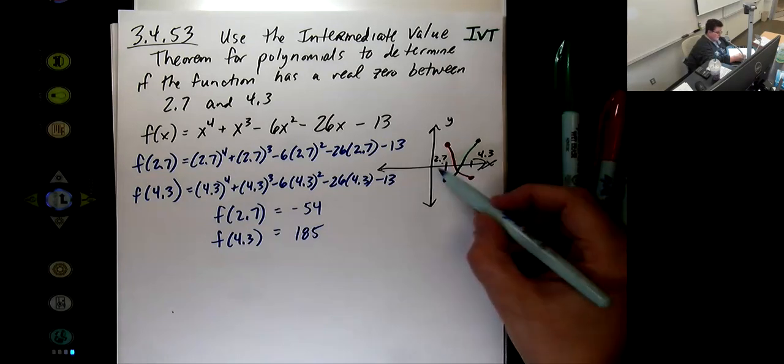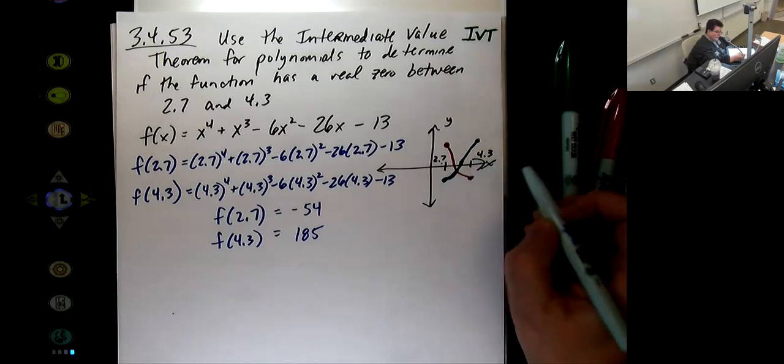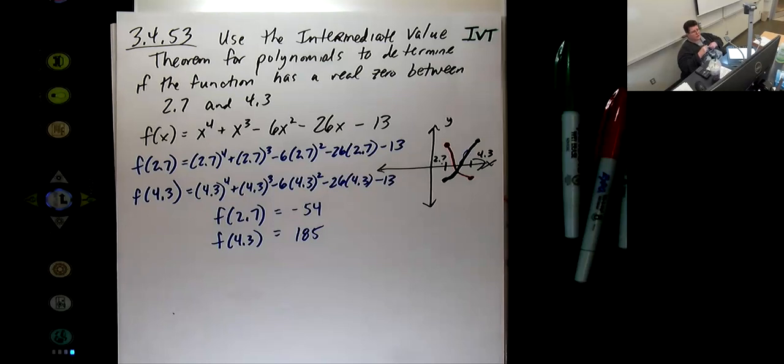f of 2.7, it's the green line right here, or blue now that I wrote over it. Somewhere it must cross. So yes, this polynomial has a real zero between 2.7 and 4.3.